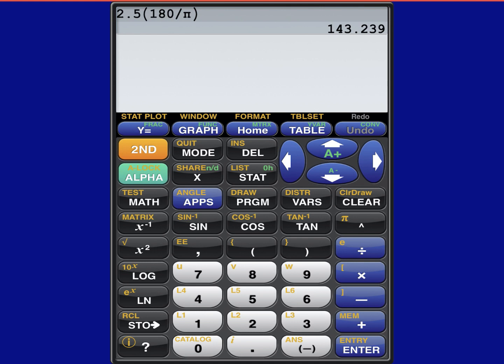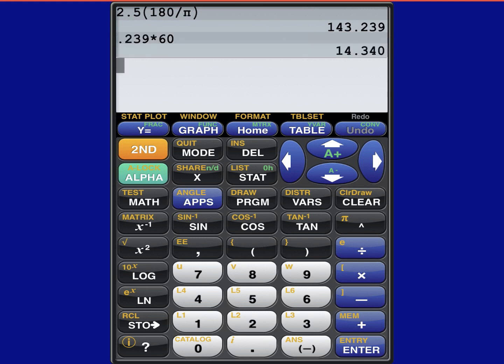So 143.239. So that means the 143 is 143 degrees. What about 0.239? So that right there is saying it's a fraction of a degree. And so if you take that and multiply by 60, it'll say 14.